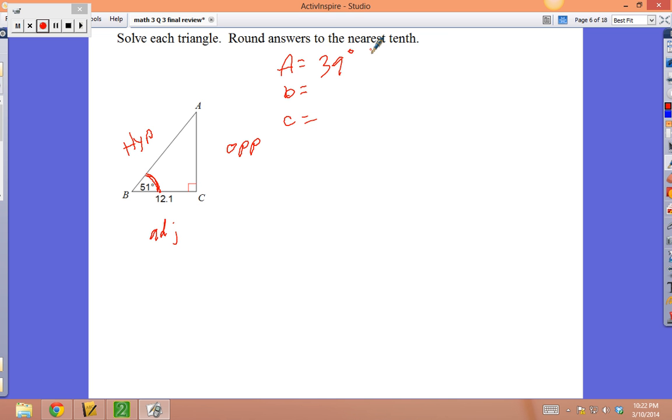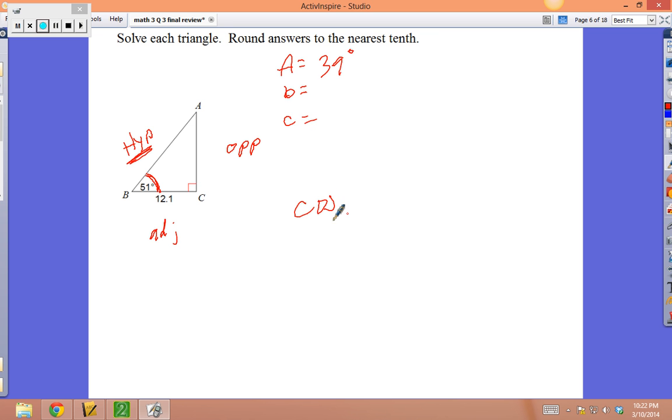Okay, now I want to try and find the hypotenuse. So I'm going to use adjacent. I'm going to use this 12.1 and the hypotenuse, and that is going to be adjacent over hypotenuse, which is cosine.